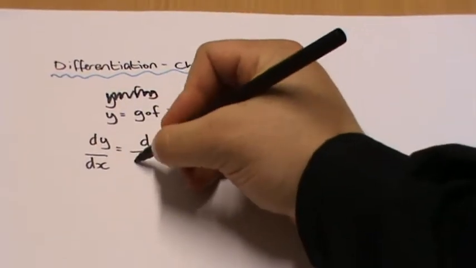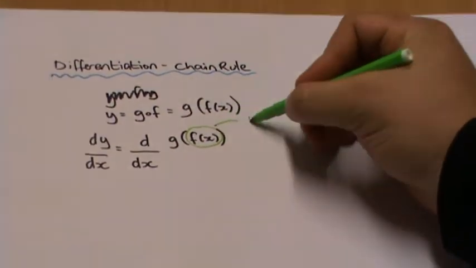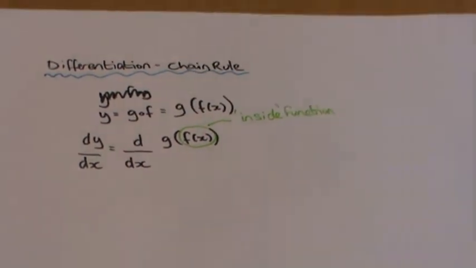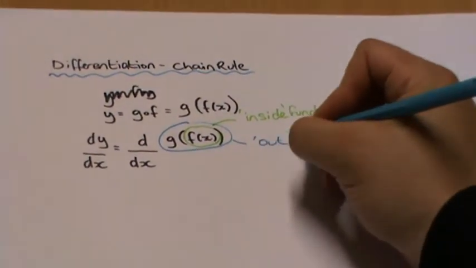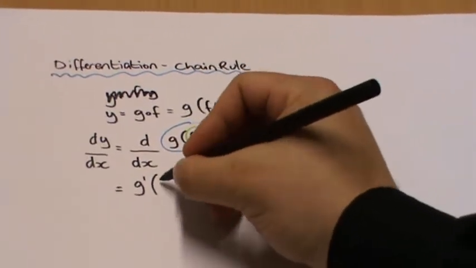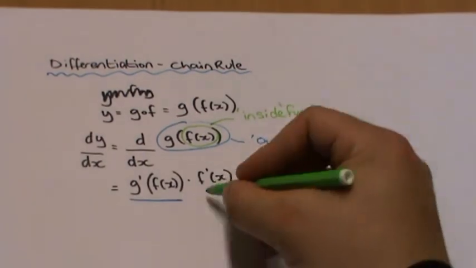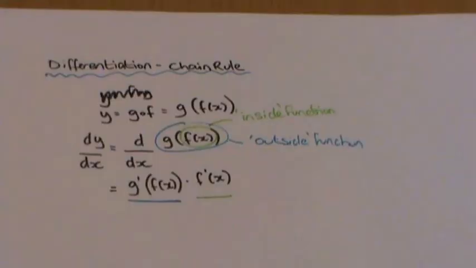So dy by dx is d by dx of g of f of x. Now if we consider this as two functions, an inside function and an outside function, then what the chain rule tells us is that we need to differentiate the outside function but keep the inside function intact, and then differentiate the inside function and multiply those two results together.